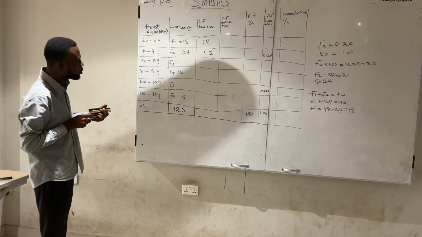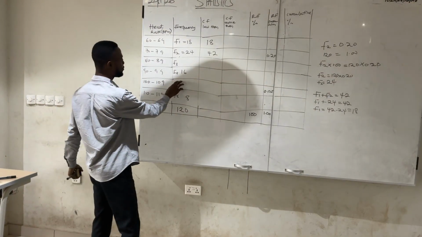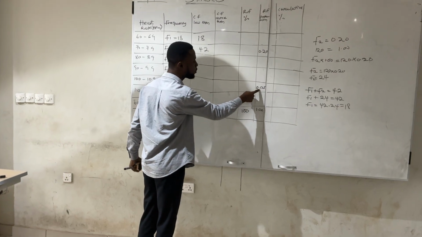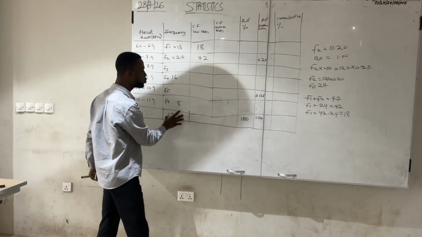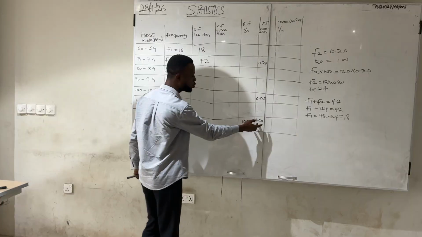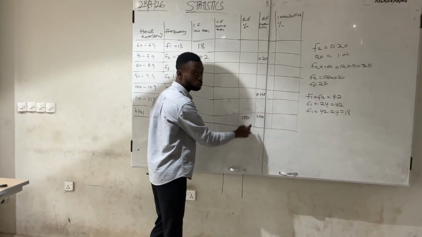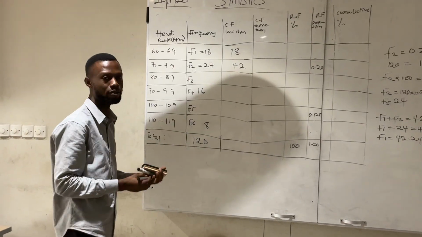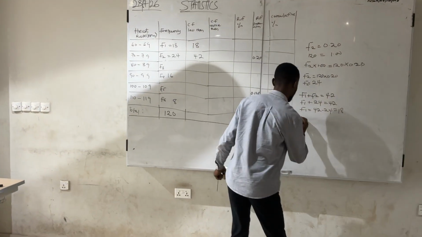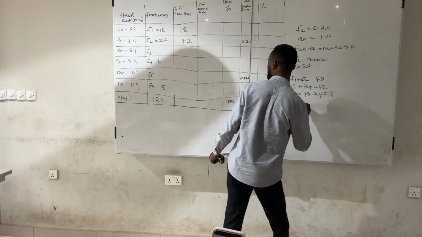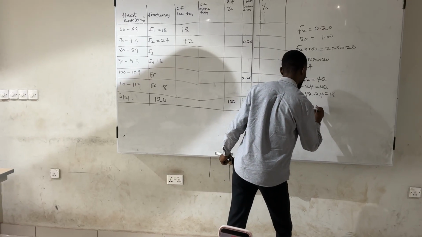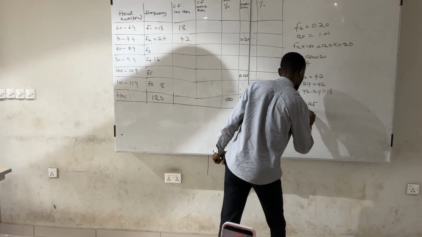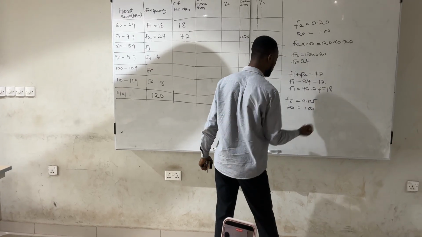Now, we can also say that F5 equals 0.125 at the relative frequency proportion, whilst the total frequency, 120, corresponds to the relative frequency proportion of 1.0. So we can use these parameters to find F5. F5 over 0.125 equals 120 over 1.0. Therefore, we cross multiply.